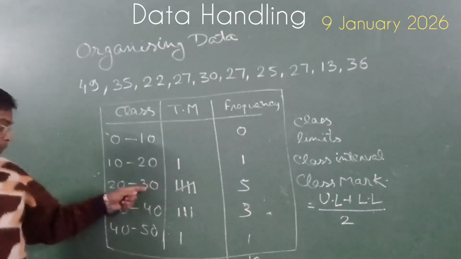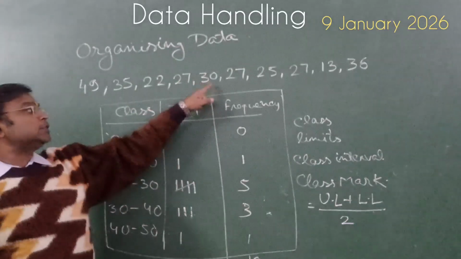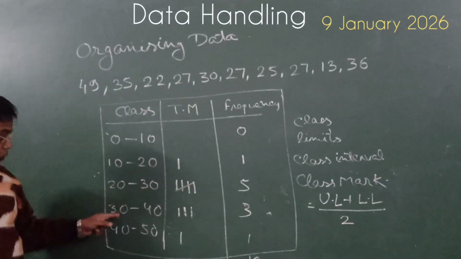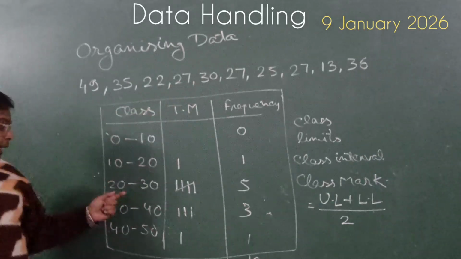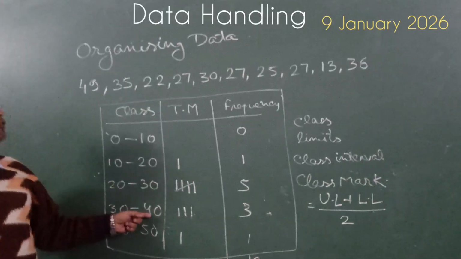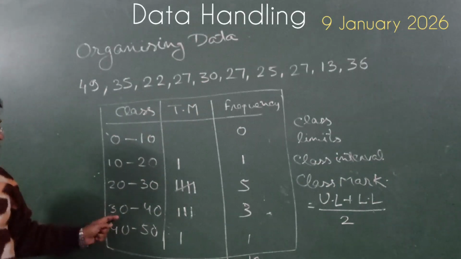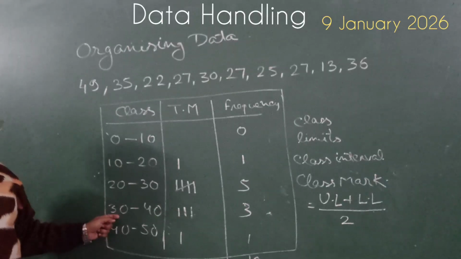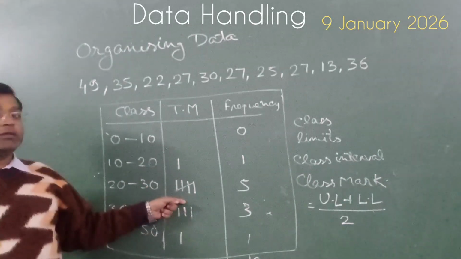About 30, be careful if a number is present in two different classes. For example, 30 is present here in 20 to 30 and also in 30 to 40. Then we must place this 30 where the value is the lower one, not the upper one. That's why I placed 30 over here, not over here.